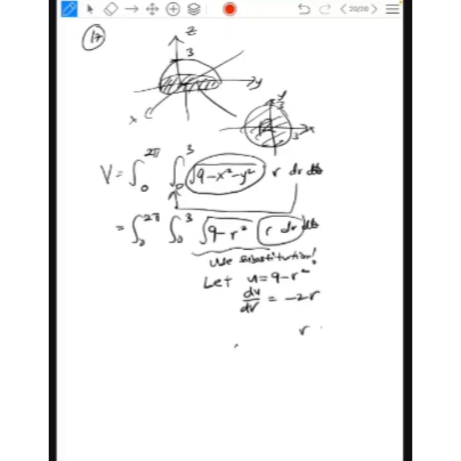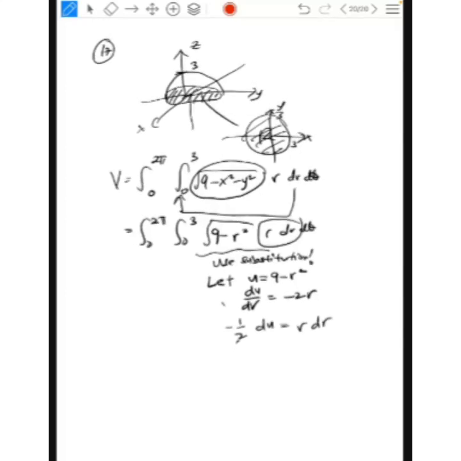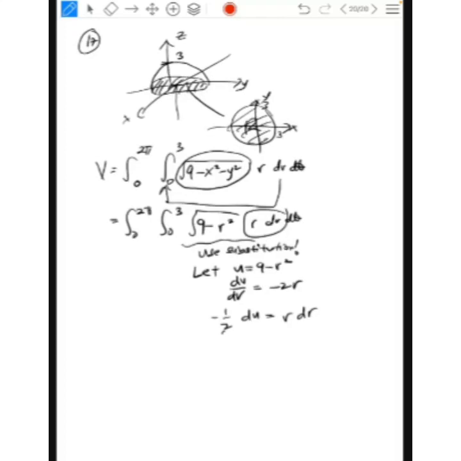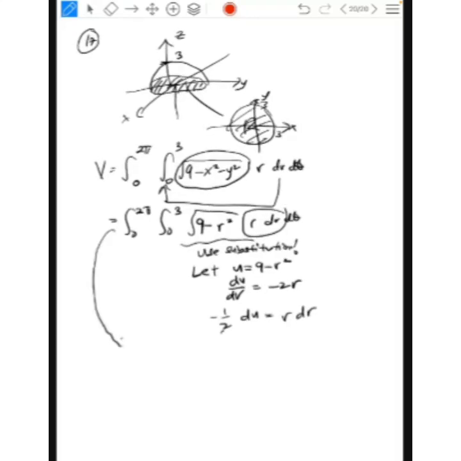So r dr is negative 1 over 2 du. Okay. So what happens is 0 to 2 pi, 0 to 3, the square root becomes square root u. The negative 1 over 2, I always like to bring the constant outside. Okay, negative 1 over 2, and then du d theta.